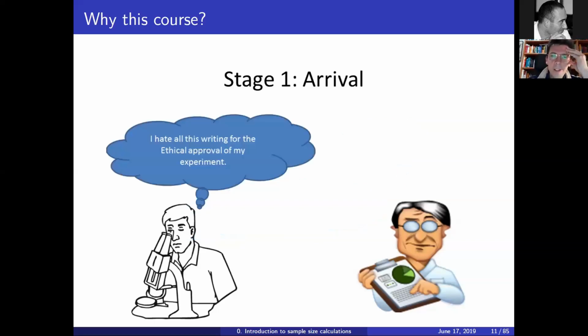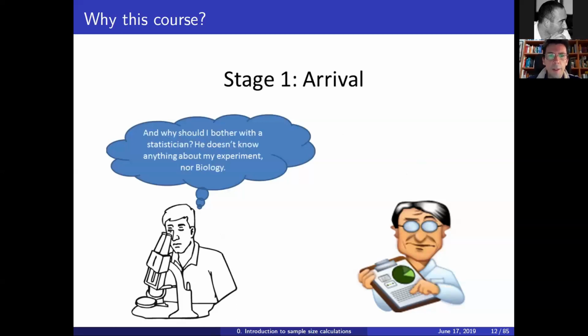So what the researcher is really thinking is that I hate all this writing for the ethical approval of my experiment. All he wants is just to perform the experiment, and he doesn't know why he's talking to a statistician that knows nothing about his experiment, nor biology, nor chemistry, nor whatever.